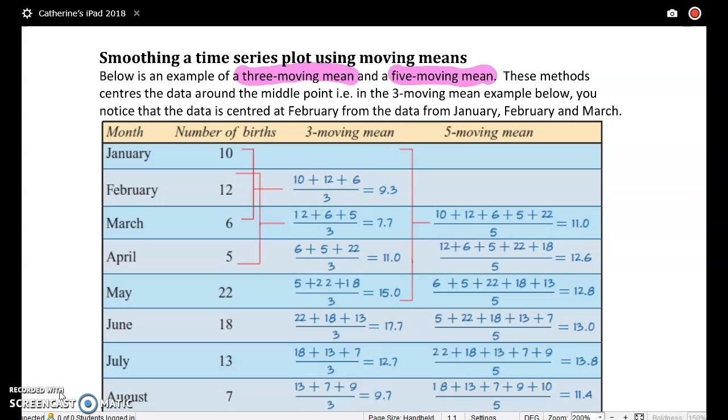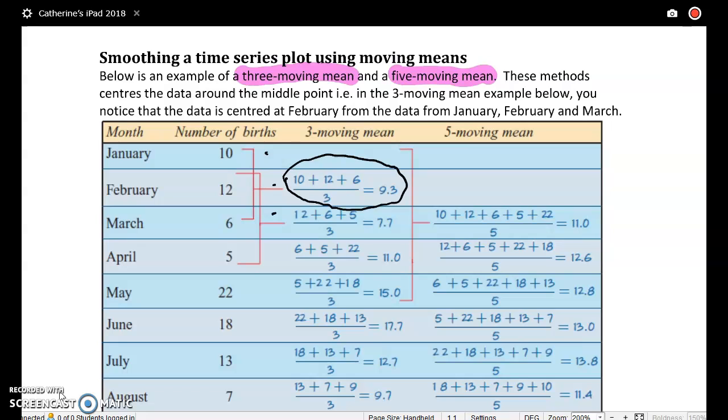So what we're doing here, you can see with this 3 moving mean, I've got data from January, February and March. I then find the average, I mean them together to get 9.3. So that's the mean of January, February and March.